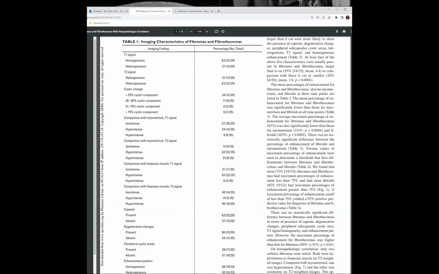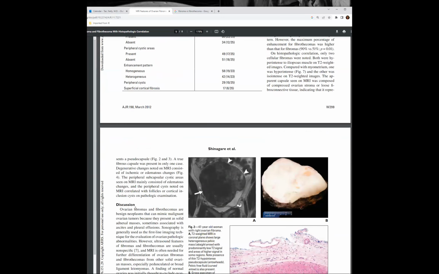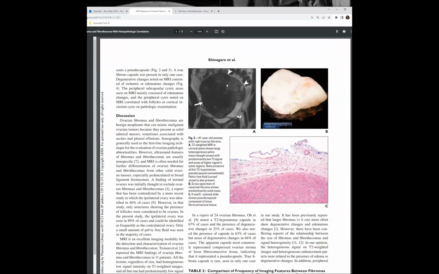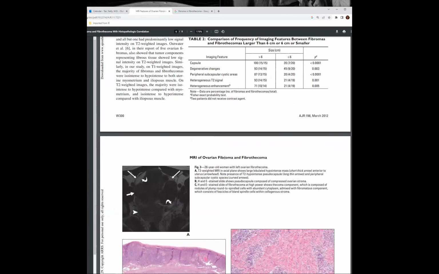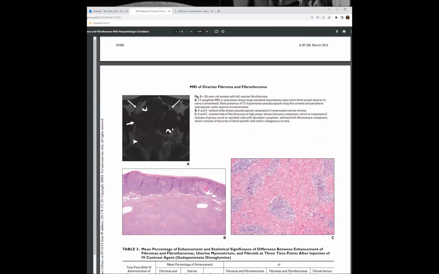Big ones tend to be associated with capsules more often than smaller lesions, and some can have cystic changes. So there are really great examples here. Here's more of a capsule that surrounds this larger fibroma, and T2 kind of heterogeneous, especially along the periphery. Here are a few more examples of T2 hypointense.